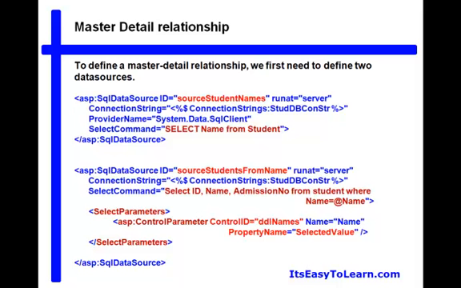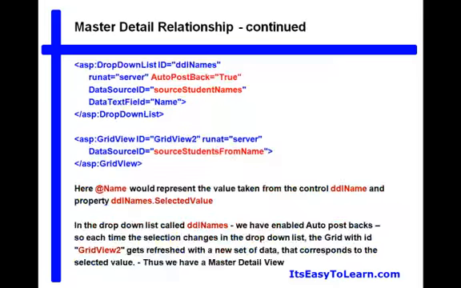Source student's from name had a select parameter, select ID, name, admission number from student, where name equal to @name, and @name was a selected value from the control called DDL names. This way we defined a master detail relationship using a control parameter.